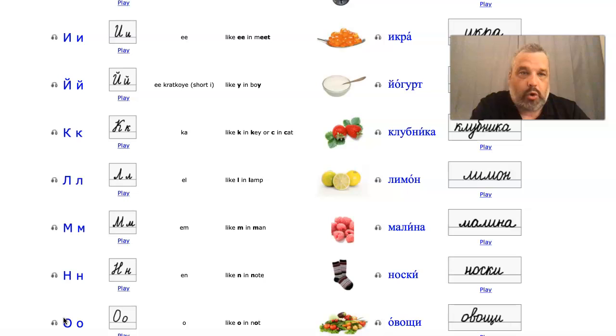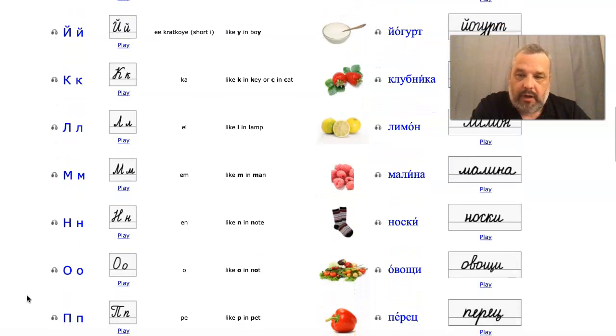You don't say okno, the accent's on the last syllable, okno. If it gets stress, then you say oh, but if it's not stressed, it sounds more like ah. Don't get confused. We'll get into that. I'm just saying that where the accent lands on the word will sometimes depend on the pronunciation. And this is the letter P.